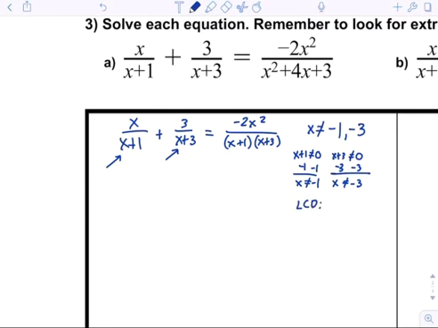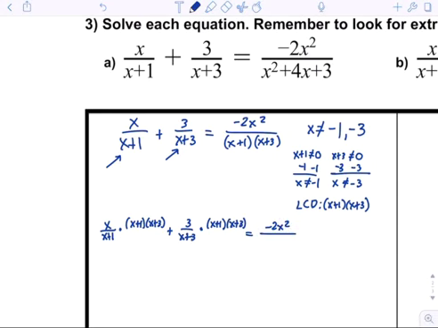Now LCD, x plus 1 and x plus 3. Now remember, after we find the LCD, when we are solving for rational equations, you have to multiply every single part by the LCD. So x out of x plus 1, multiply that by the LCD, plus 3 over x plus 3, multiply that by the LCD, and multiply that by the LCD.